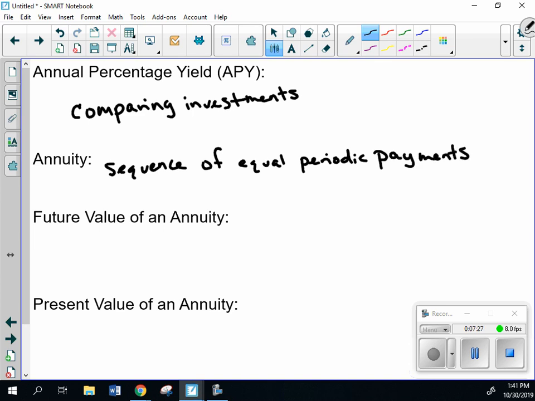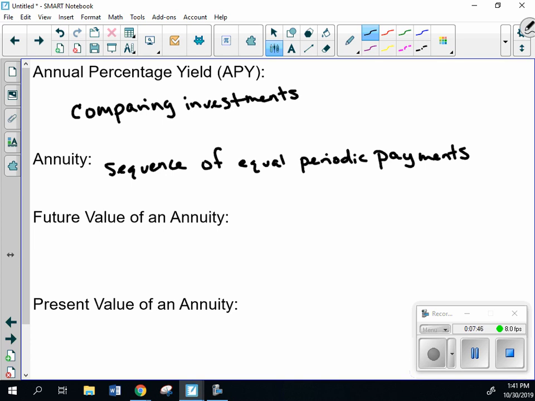All right, so future value of an annuity. This is talking about where your investment or loan might be going in terms of how much you're projecting money-wise what it's going to be in the future.